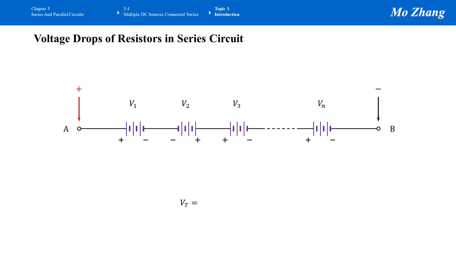The total voltage of the system, Vt, equals positive V1 subtract V2, since it's in the opposite direction, plus V3 plus all the way to Vn. So this is the expression for this circuit.